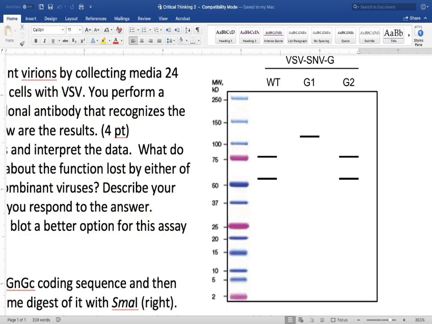Now, is that the right answer? Yes. Is it the only answer? No. What I mean by that is I'm not worried so much about you being able to say it is definitely this because this is what we talked about in class. What I'd rather you be able to do is say, I think it's this because the data supports it.